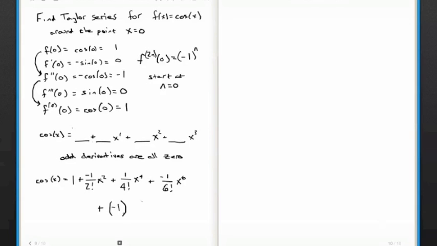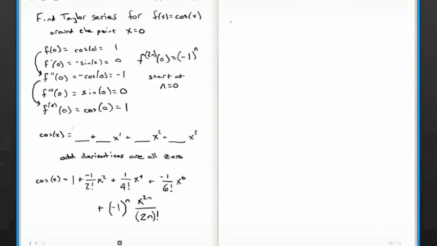I'm going to alternate this with n. But my powers of x go up by 2's, so that's 2n. And my factorials also go up by 2's, so that's 2n factorial. So that's my cosine.